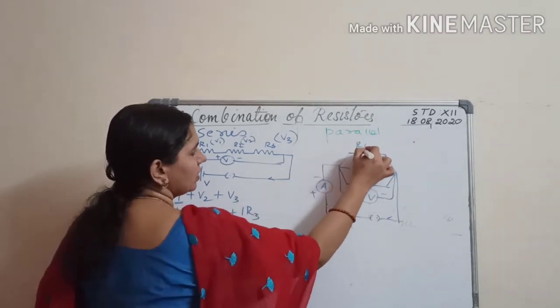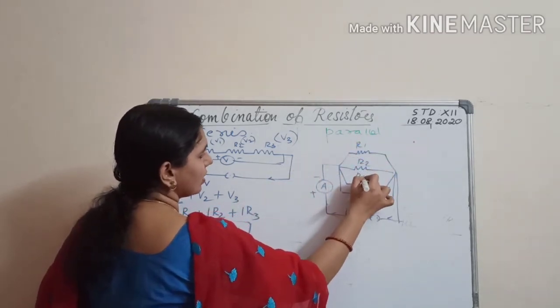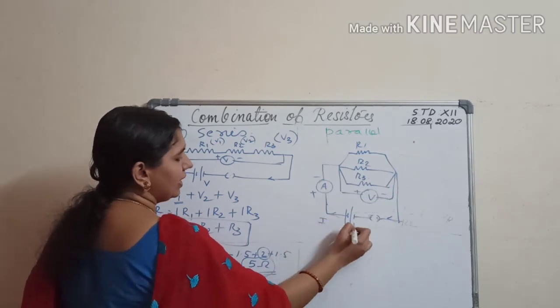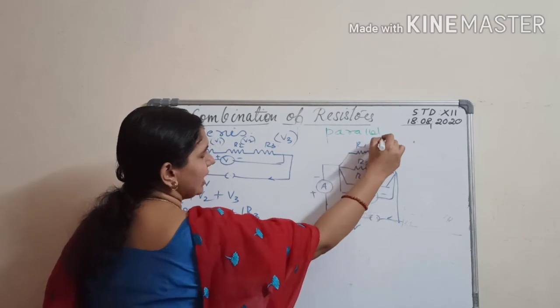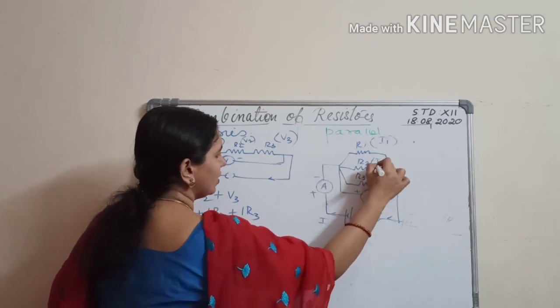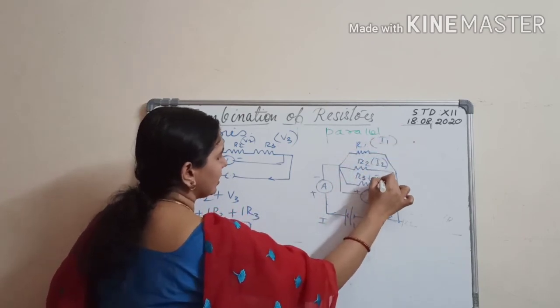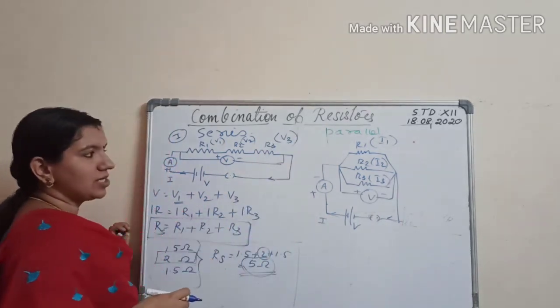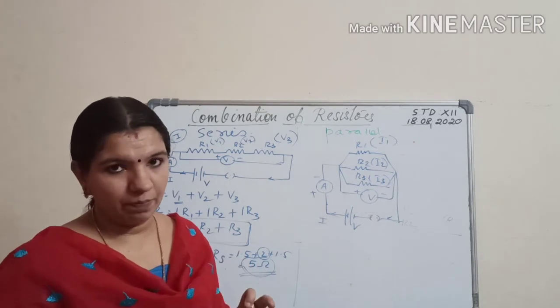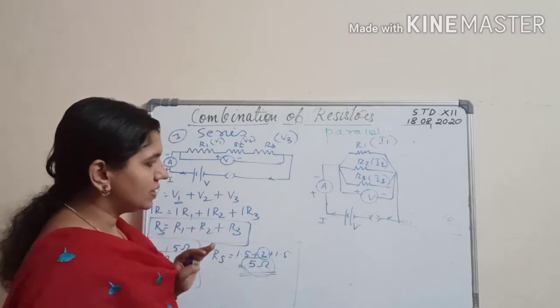So R1, R2 and R3. I amount of current and V is the power supply. I amount of current, when it reaches here, it will get split into I1, I2 and I3. But in the case of parallel connection, the voltage will remain the same, isn't it? Voltage will remain the same.